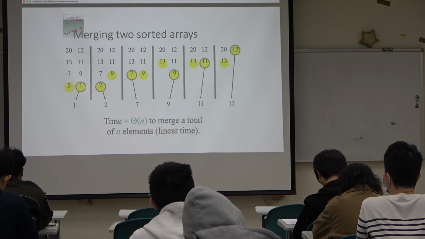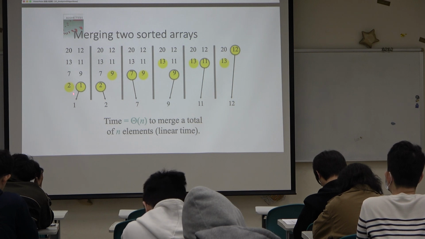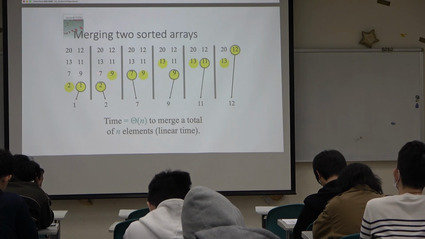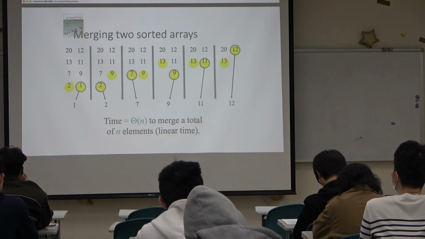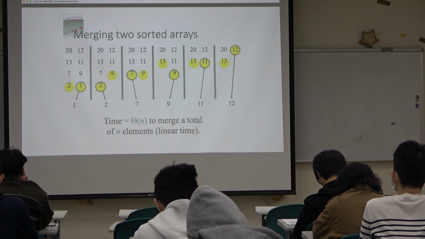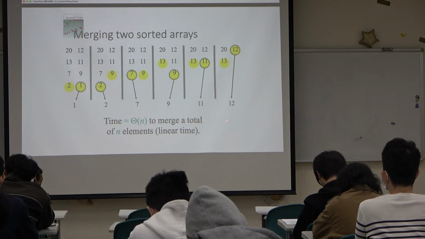Every time you do one comparison, you are able to remove one number from these two lists. So the number of comparisons will be bounded by n. So the time required to do the merge is theta n, to merge the total n elements.